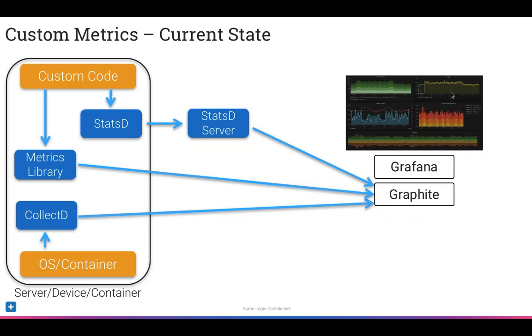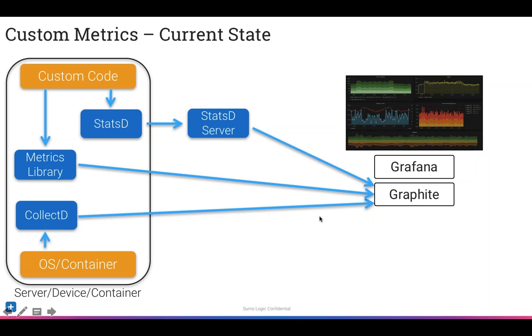This diagram here can represent obviously a very simplified view of your current state. But let's say on the left-hand side you have a server, a device, a container, and what you're looking to do is get the metrics from your operating system, your container metrics, or even your custom application code metrics into an analytics tool so you can start getting visibility into your environment.